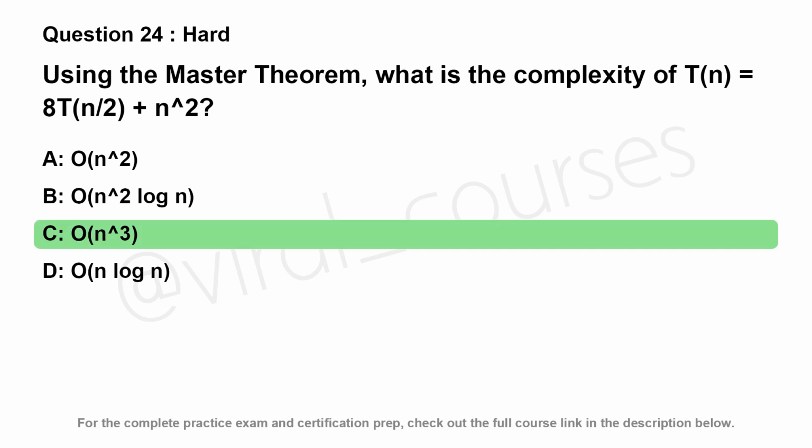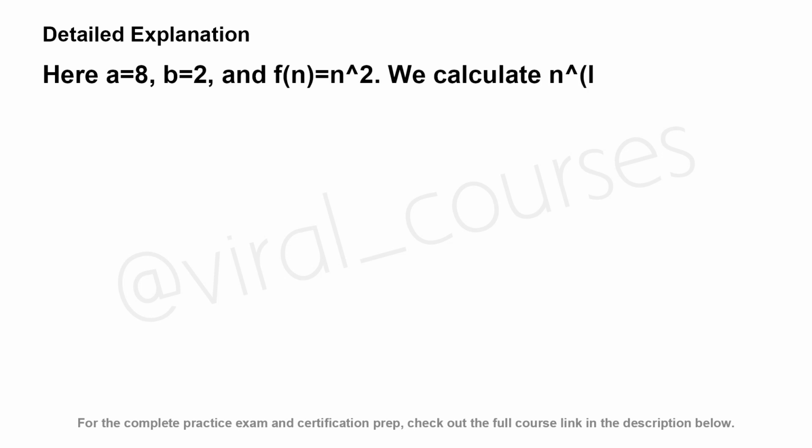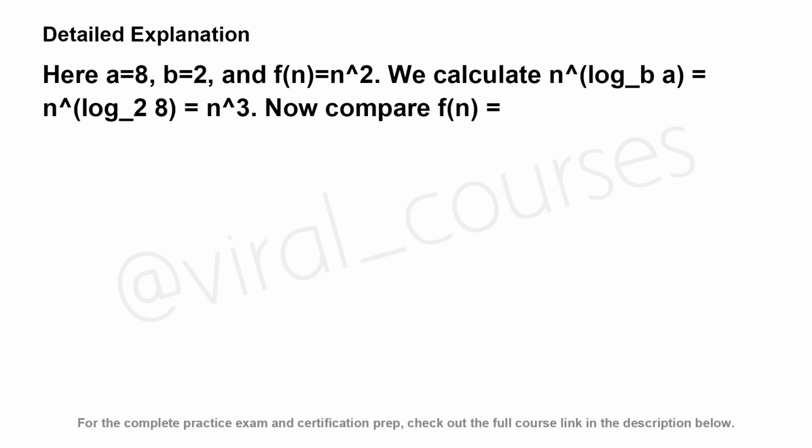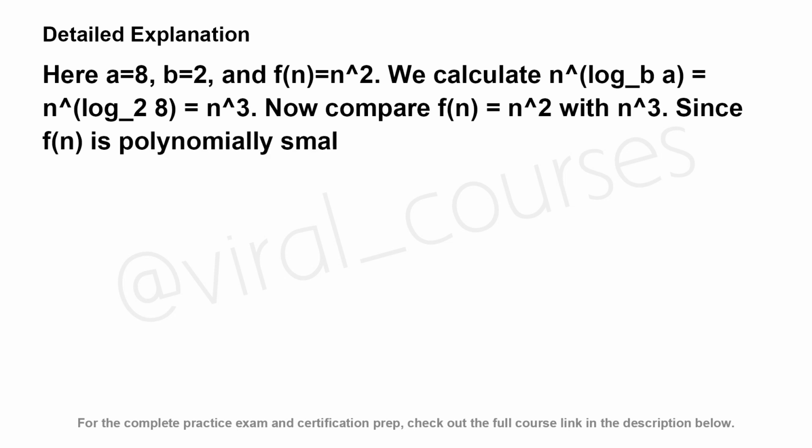The correct answer is C. Here a equals 8, b equals 2, and f(n) equals n squared. We calculate n to the log base b of a, which equals n to the log base 2 of 8, which equals n cubed. Now compare f(n) equals n squared with n cubed.